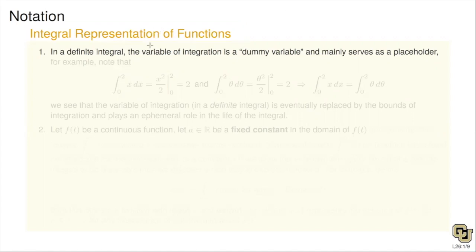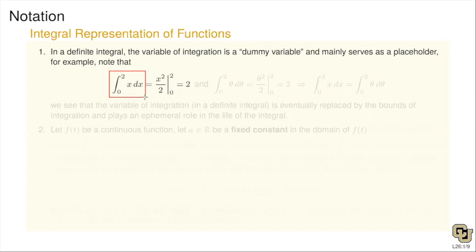First of all, I just want to remind you that in a definite integral, an integral with bounds, the variable of integration is considered a dummy variable and is mainly a placeholder. So here's an example. Take a look at this integral. I integrate x from 0 to 2.